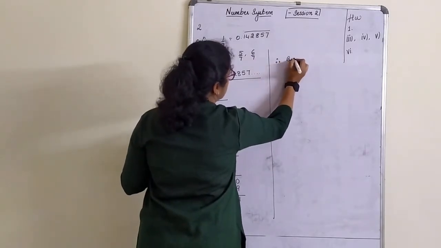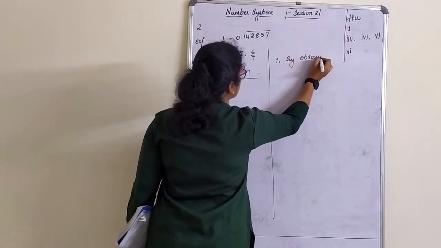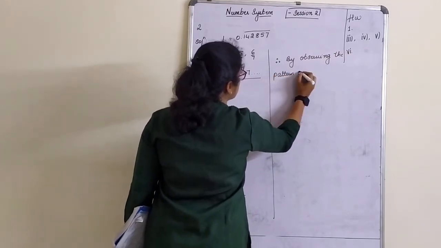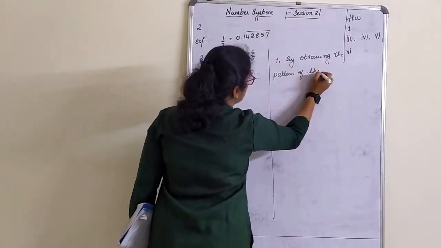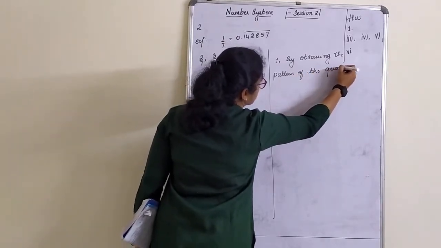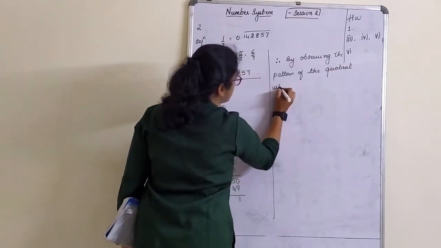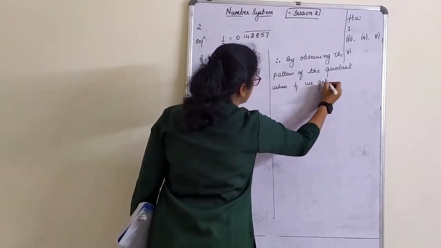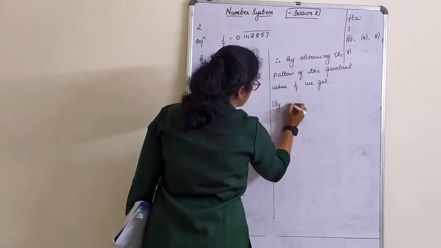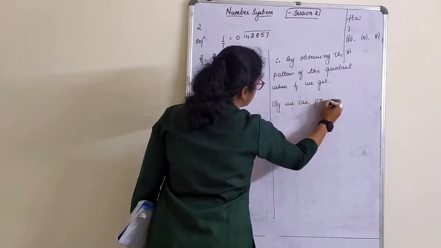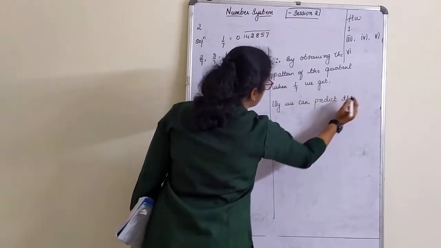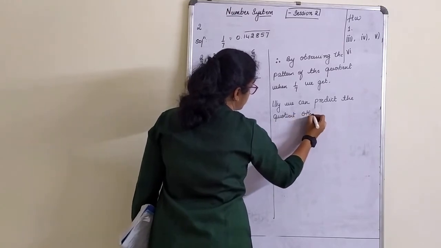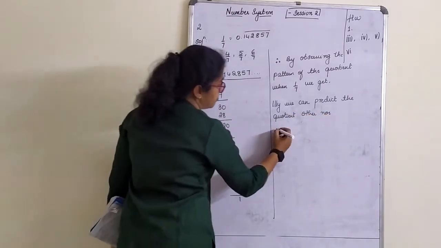Therefore, by observing the pattern of the quotient when 1 divided by 7 we get, similarly, we can predict the quotient of other numbers. Now let us write other numbers.